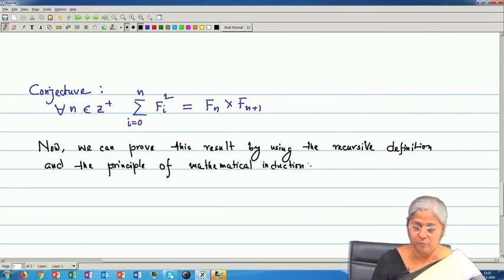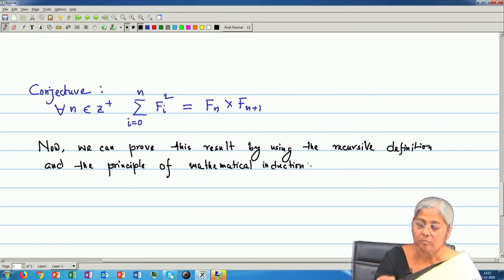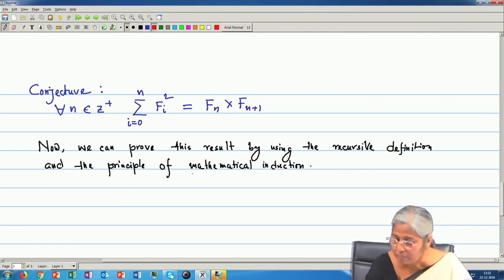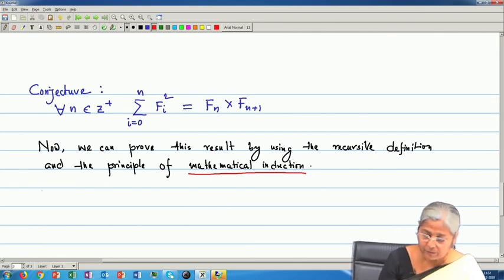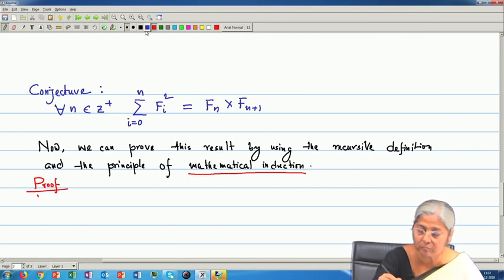Now, how can we prove that? So, we will be using mathematical induction. So, if I get the proof, first thing is that as we want to apply mathematical induction, we have to write the basis step.